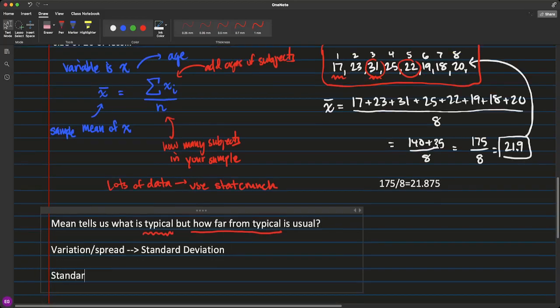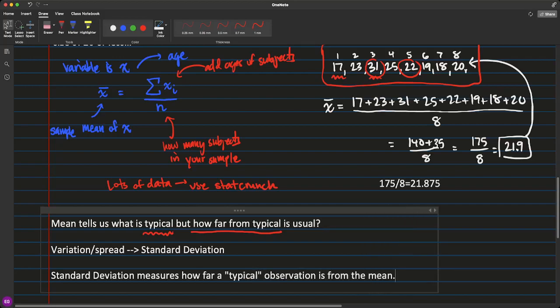So standard deviation measures how far a typical observation is from the mean. So let's say you have your data. Say there's 100 students. You're like, look, these 70 students are typical students. So those typical students, they're not going to all have the typical age.